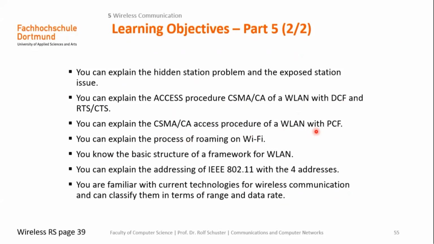You can explain the process of roaming on Wi-Fi. You know the basic structure of a frame for wireless LAN. Remember, the frame is slightly different compared with the Ethernet frame. Remember, there are some different fields.